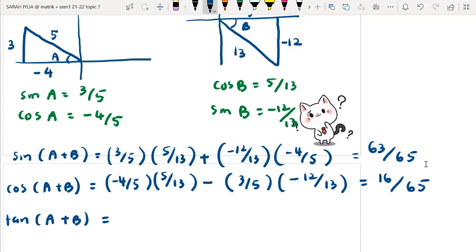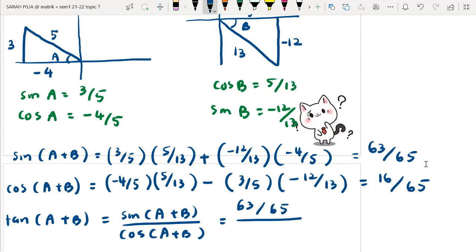So we know ada dua option. Awak boleh buka guna formula compound angle of tangent, ataupun kita tahu tangent is basically sine over cos. So I can equate this as sine of A plus B divided by cos of A plus B. So menggunakan jawapan yang ada kat atas tu, this would be equal to 63/65 divided by 16/65.